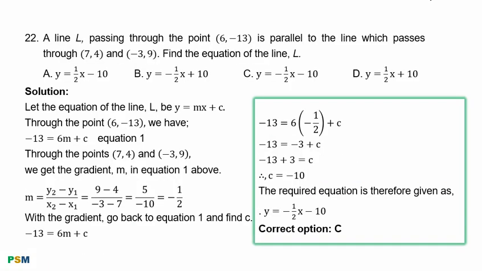Question 22. A line L passing through the point is parallel to the line which passes through these points.